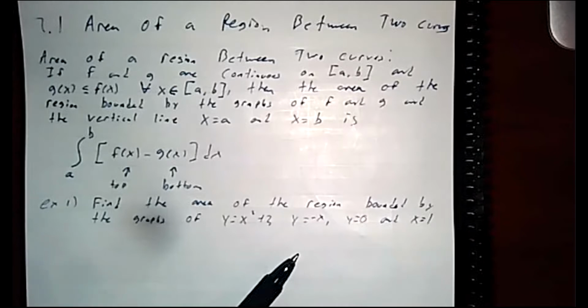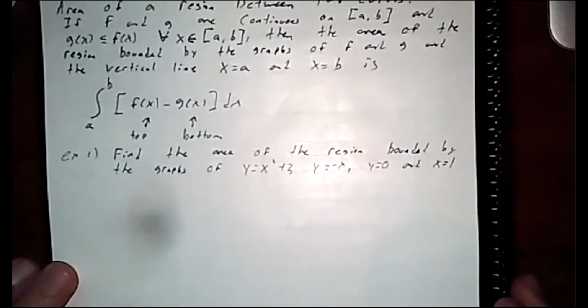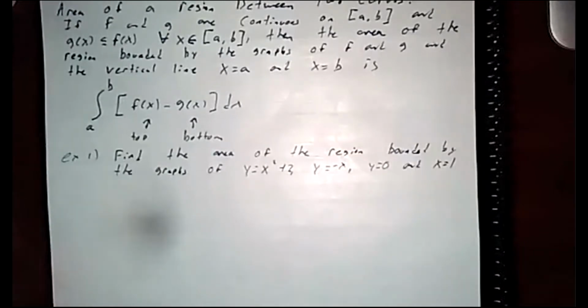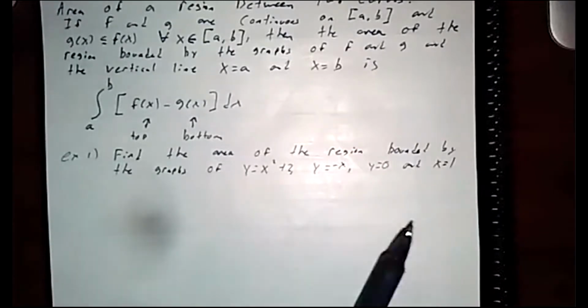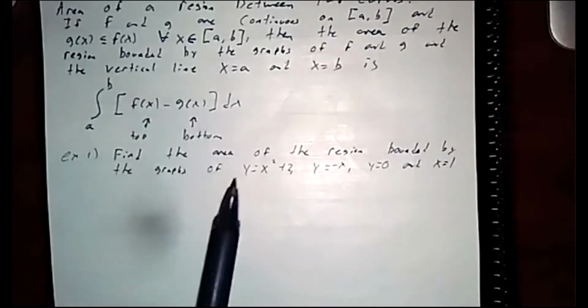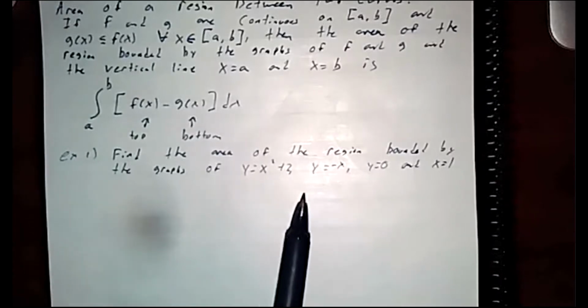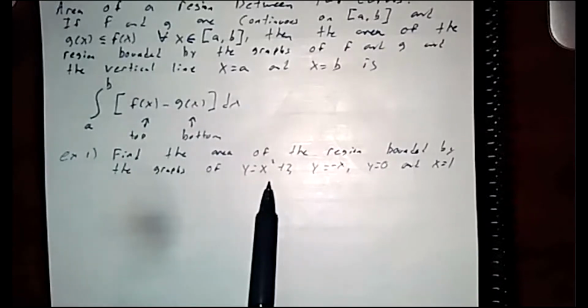Sorry, 1 second. All right, so what you got to do is graph these functions. That way you can kind of figure out what's going on. So we have a parabola. That's no big deal, right? x squared plus 2, so let's just shift it upward to start here.